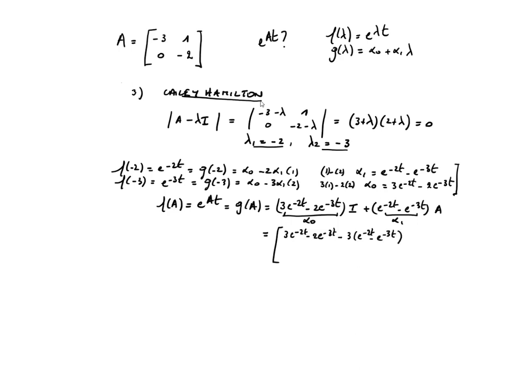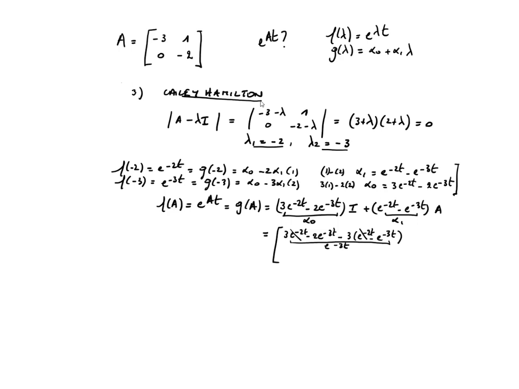This is coming from this one. So you can see here that this one and this one will cancel out, okay, and what we'll have here is e to the minus 3t.